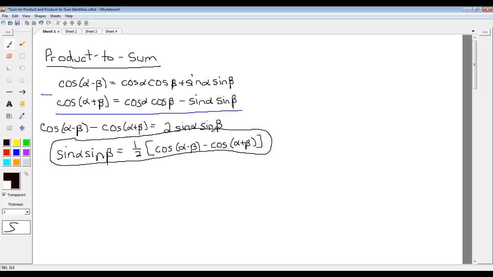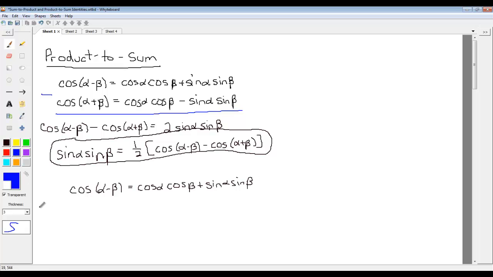The other three are derived in the same kind of way. We can take these two, and instead of subtracting, we can add. So we can take cosine of alpha minus beta equals cosine alpha cosine beta plus sine alpha sine beta.